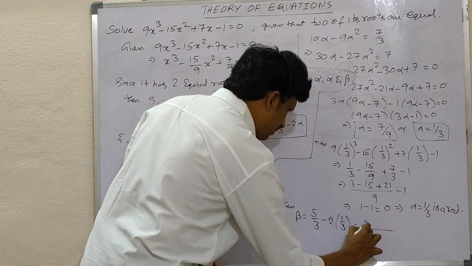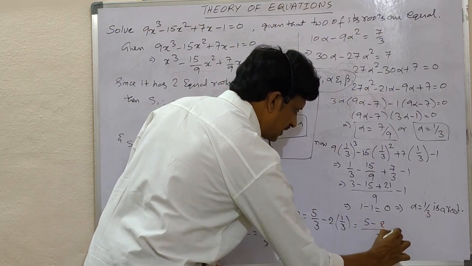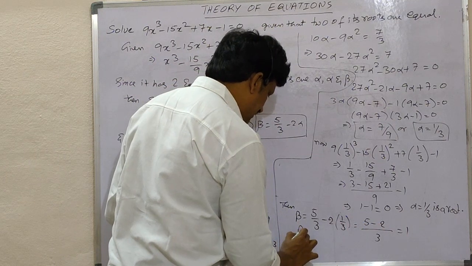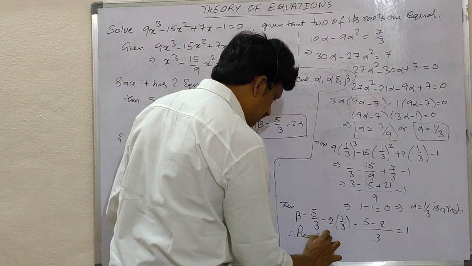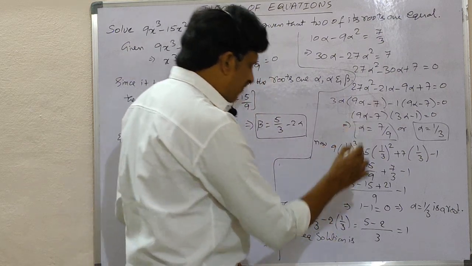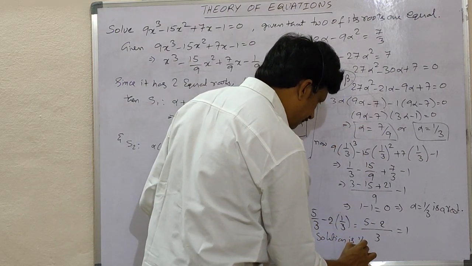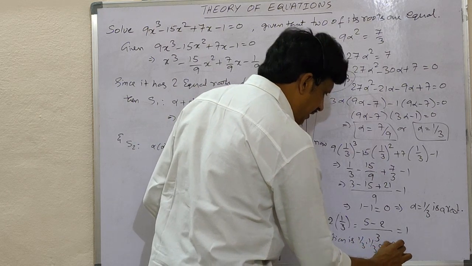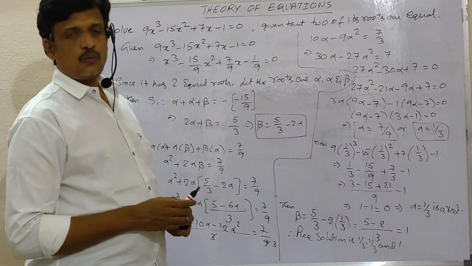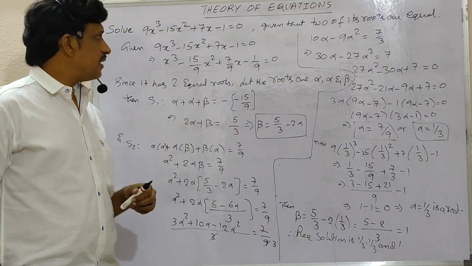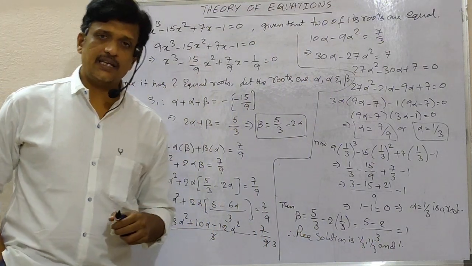This will be 5 minus 2 into 1, that is 2, that is 3 by 3, will be 1. Therefore the required solution is alpha is 1 by 3, again alpha is 1 by 3, and beta is 1. So 1 by 3, 1 by 3, 1 are the roots of the given cubic polynomial.